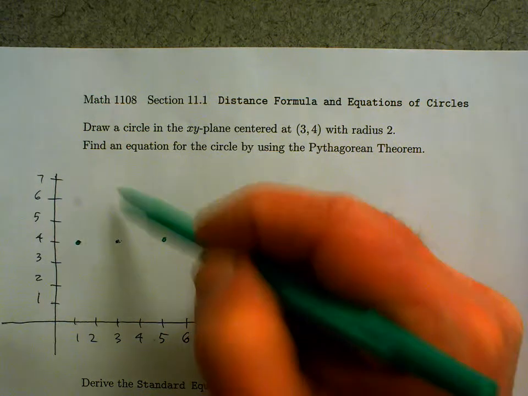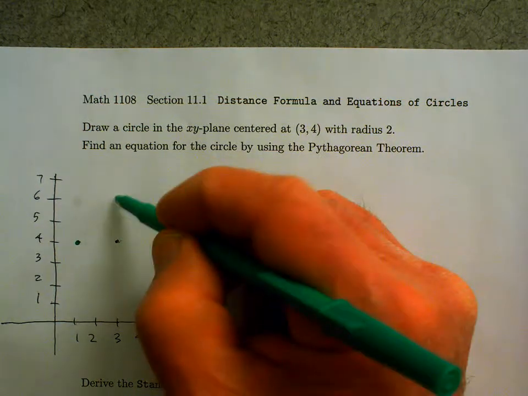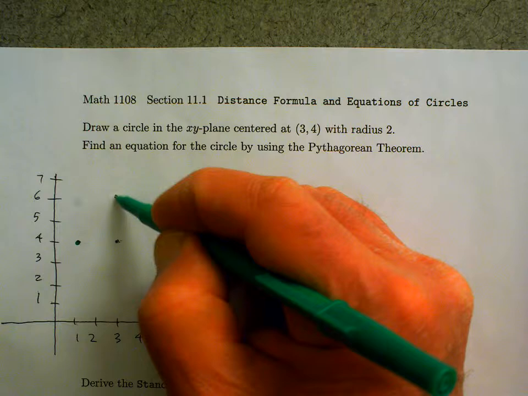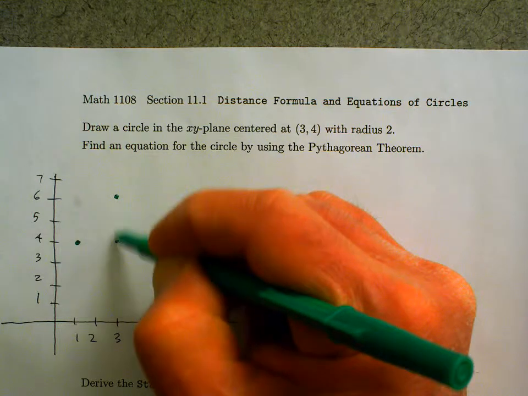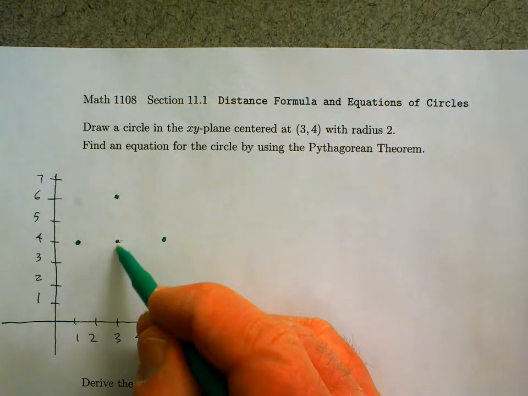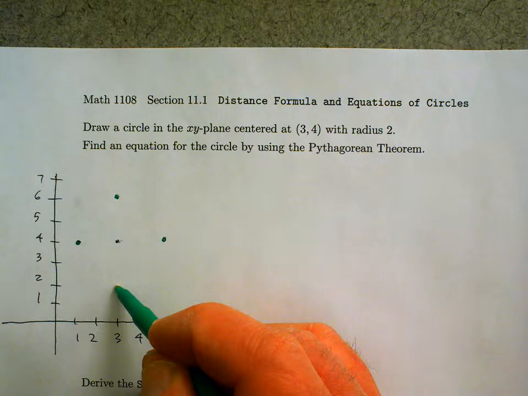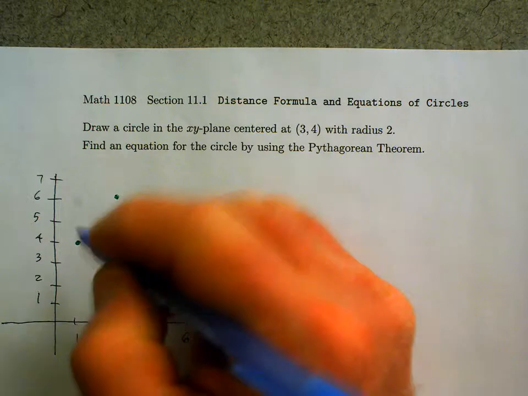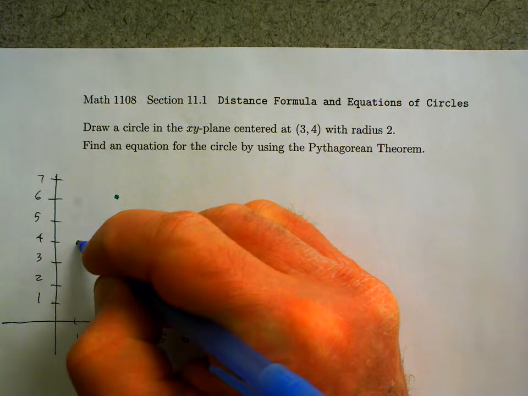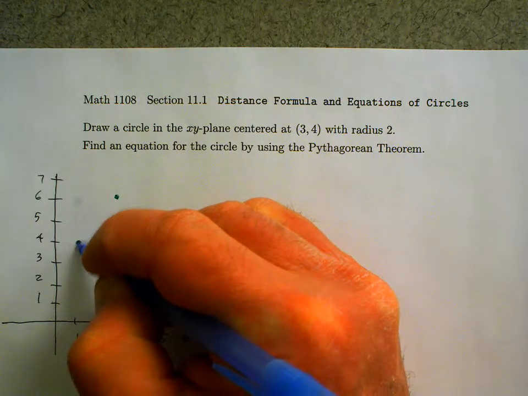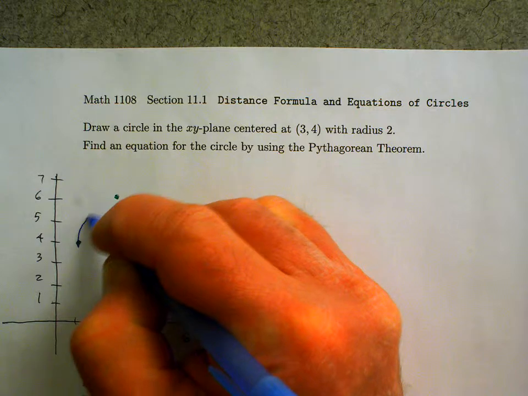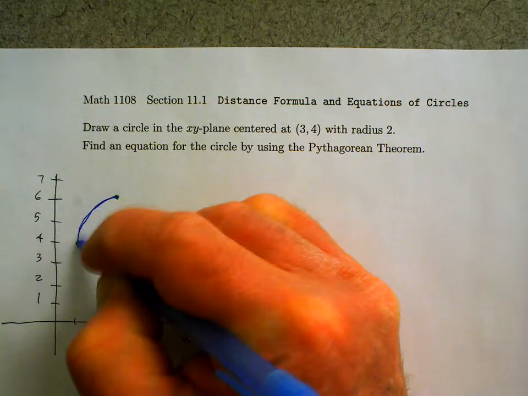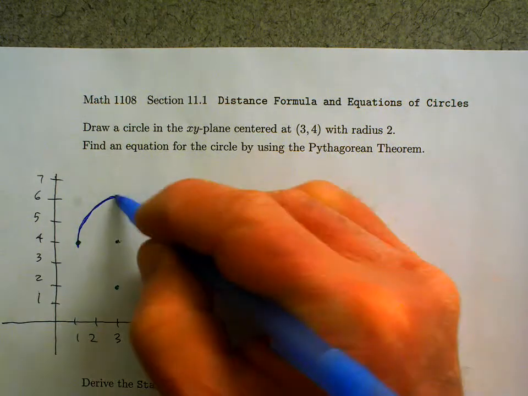And then on a vertical line, one point is right there, 2 units away from the center. And then another point is right here. So what I'm going to try to draw a circle. So pretend like this is a circle.